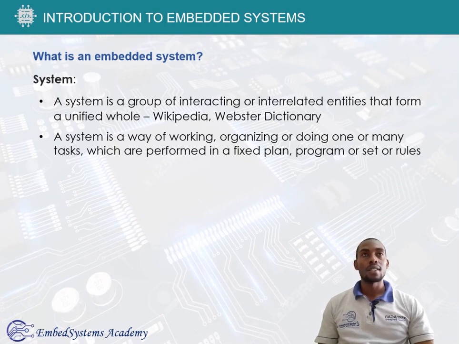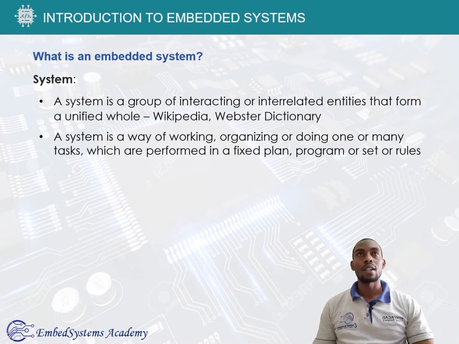So that is briefly about a system. It means there are two or more components in a system, and these things are working together in a fixed plan or a program following a certain pattern. This will help us understand what embedded systems are.